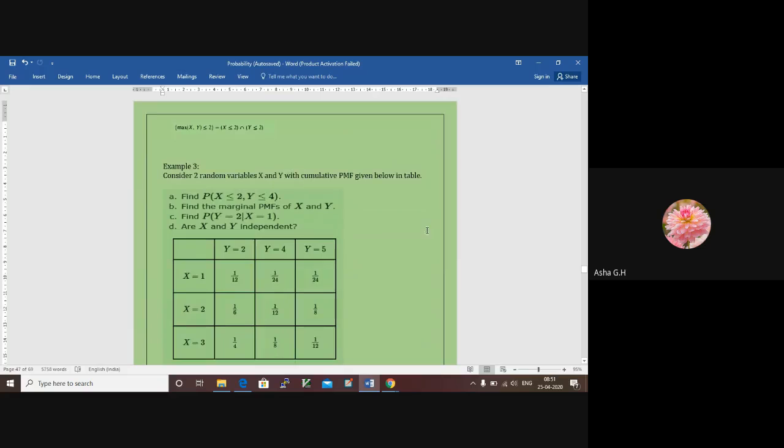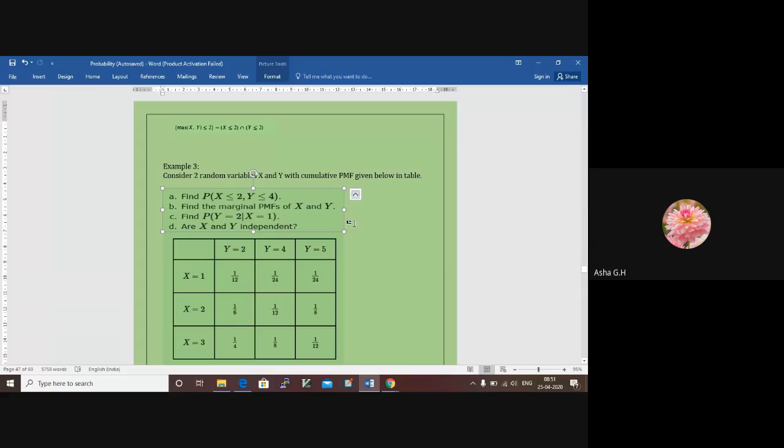Next question is find the probability of y is equal to 2 when x equal to 1. This is the conditional probability of two random variables. You should be a little careful here. When they say find probability y is equal to 2, there is a condition. This indicates condition here, when x is equal to 1.